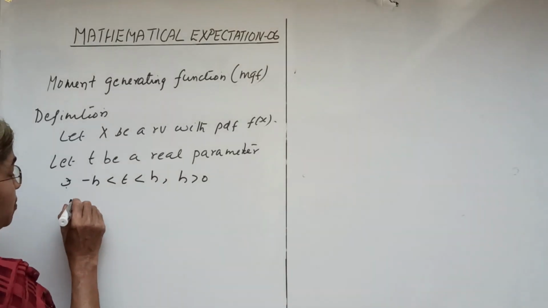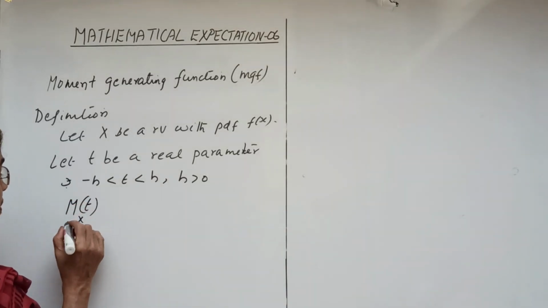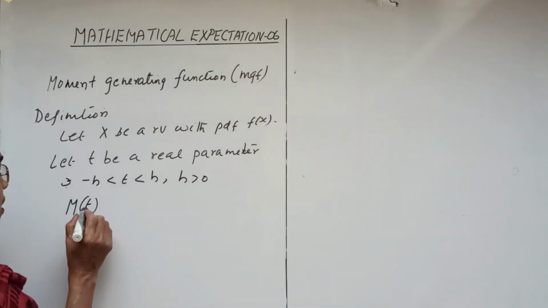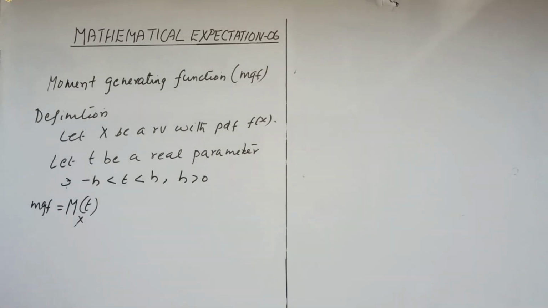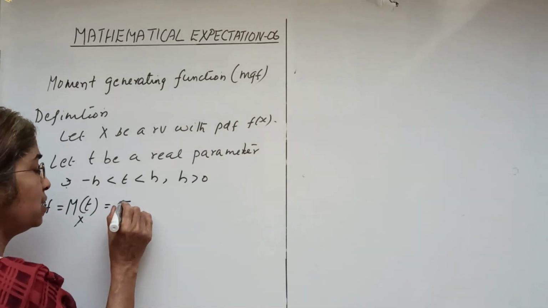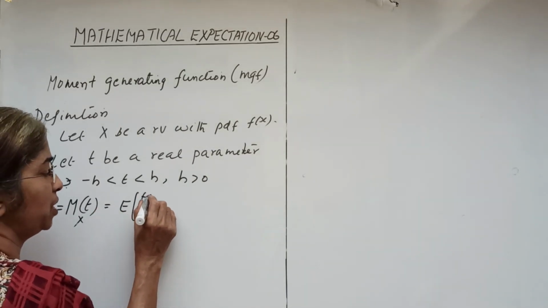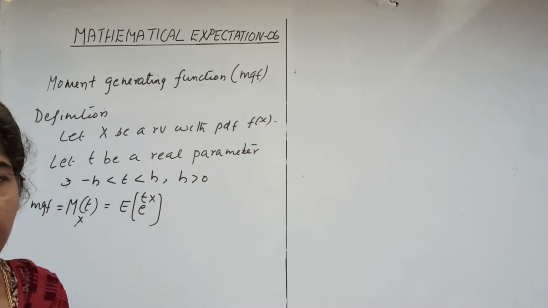Then the MGF of X is defined as M_X(t), the moment generating function. M_X(t), which is the MGF of X, is simply defined as the expectation of e raised to tX.